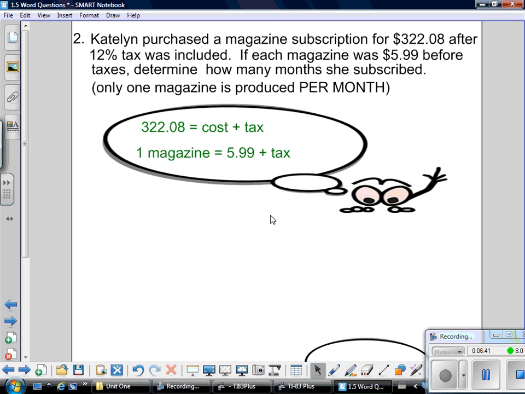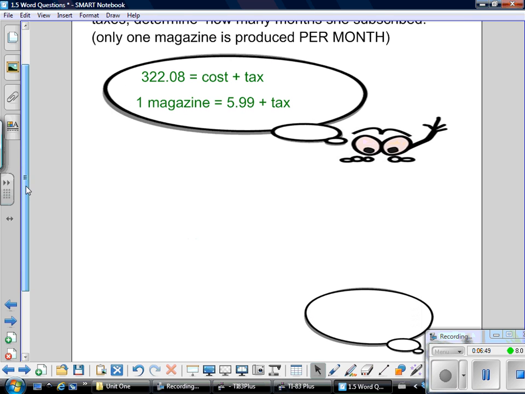Okay, so as I said, there's more than one way to do it. So I'm thinking in my head that if I actually figure out how much one magazine is plus tax, then that might be even easier than trying to use the 322 to start with.